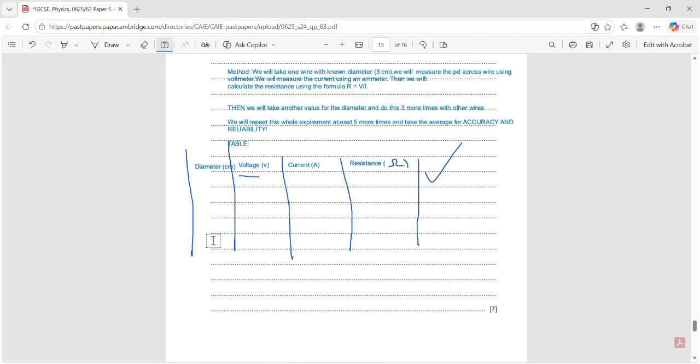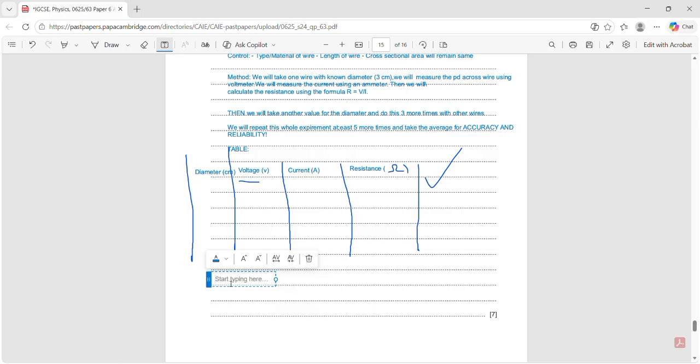And then finally conclusion, you always write in conclusion this: that we will plot a graph, but you have to also specify we will plot a graph of the independent variable, which is the diameter of the wire, against the dependent variable, which is the resistance of the wire.